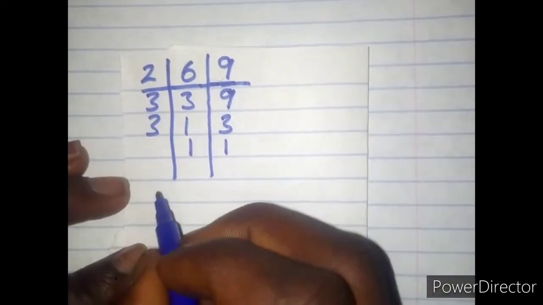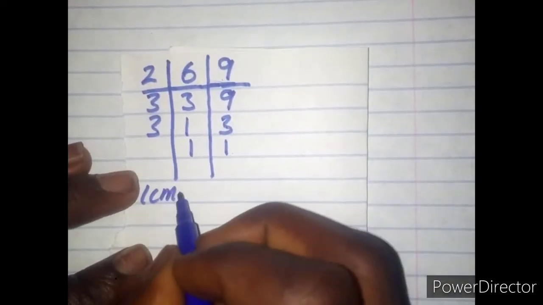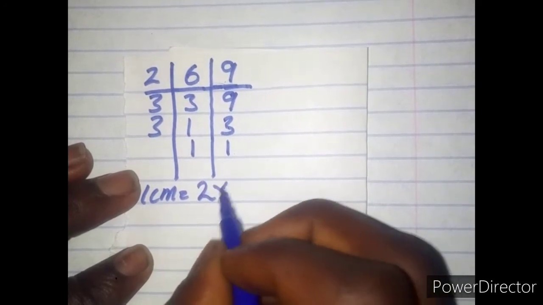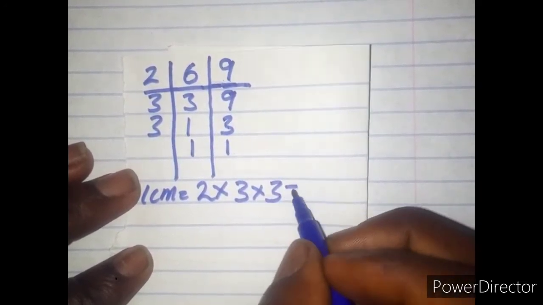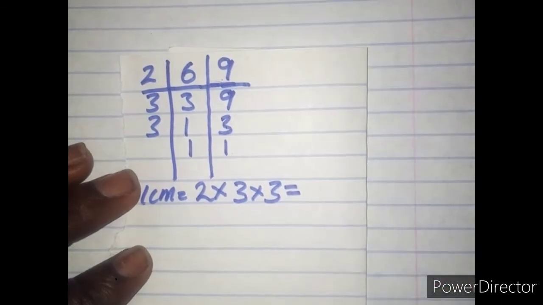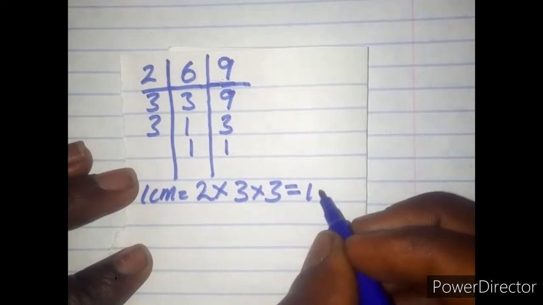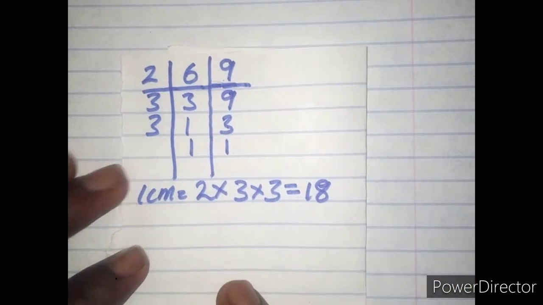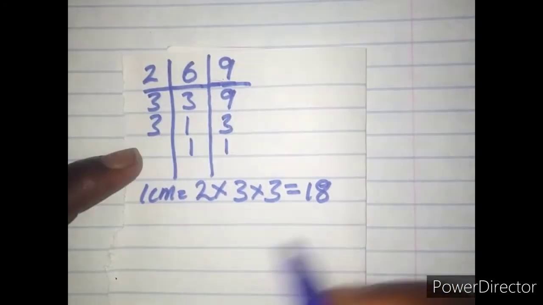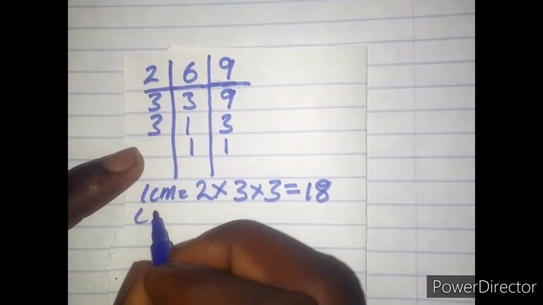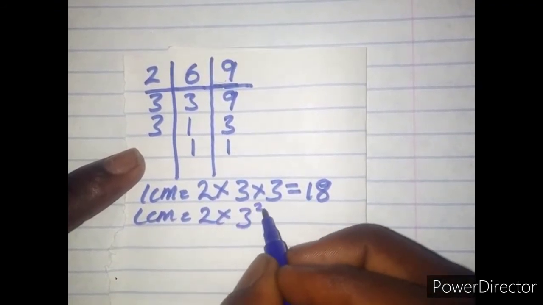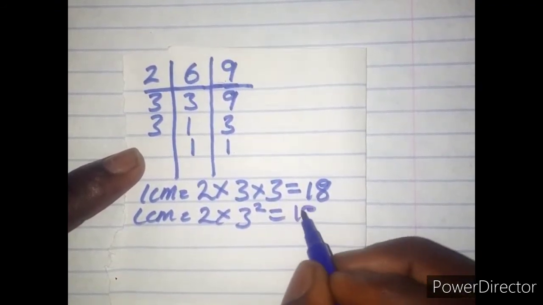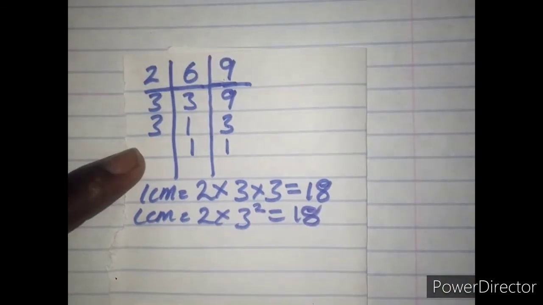So the LCM of 6 and 9 here is 2 times 3 times 3, which is equal to 18. You can also put it this way: LCM is equal to 2 times 3 raised to the power of 2, which is equal to 18. It's very, very simple.